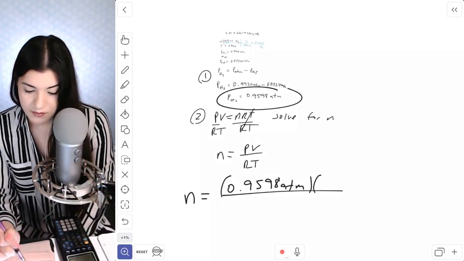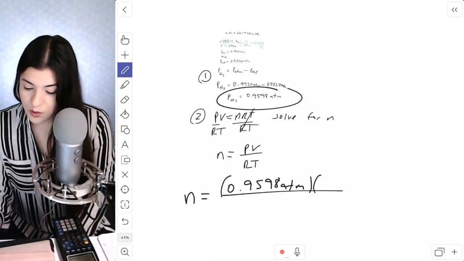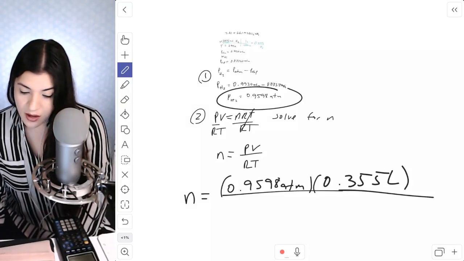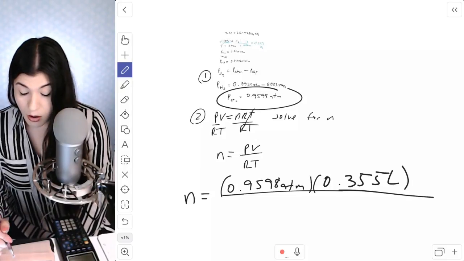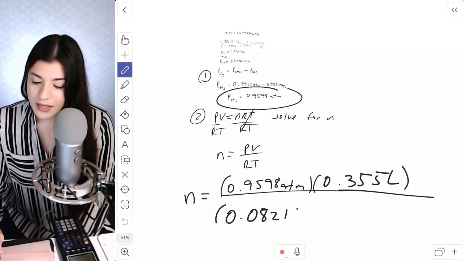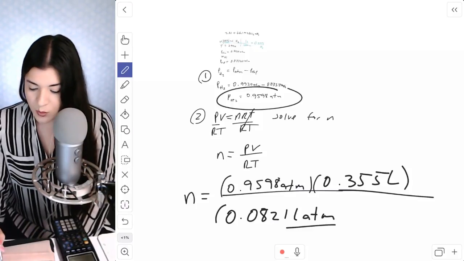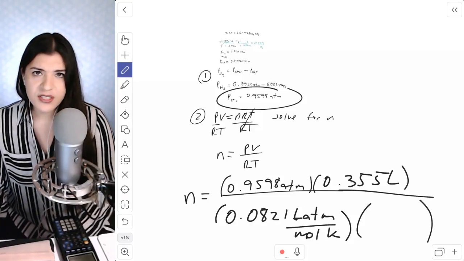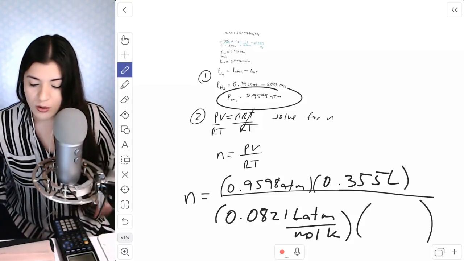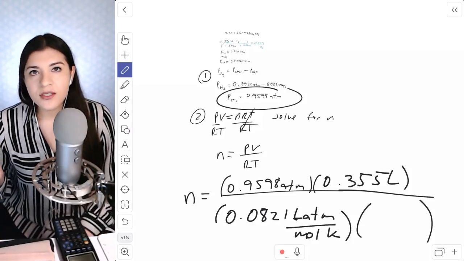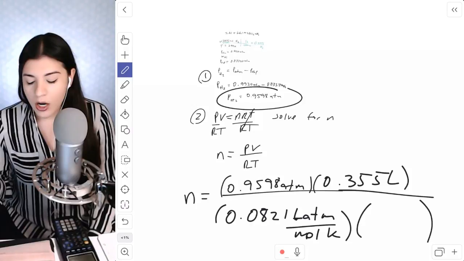Let's plug that back in. So this is 0.355 liters. And on the bottom would be our R, our gas constant, which is 0.0821 liters atmospheres divided by moles Kelvin. That's why I wanted it in liters, because our gas constant is in liters. You want all of your units to be according to that gas constant, so everything can cancel to give you what you're solving for.